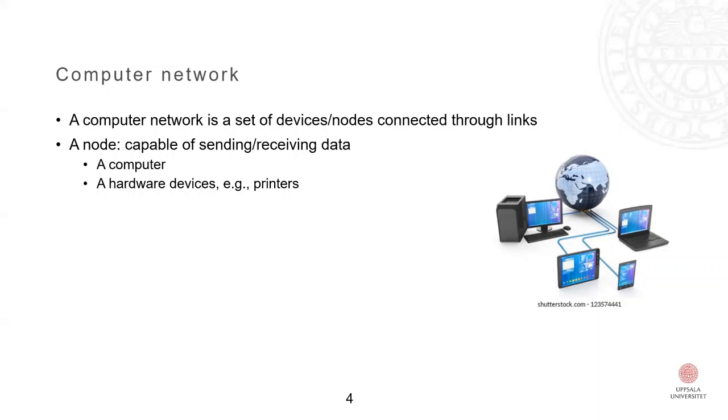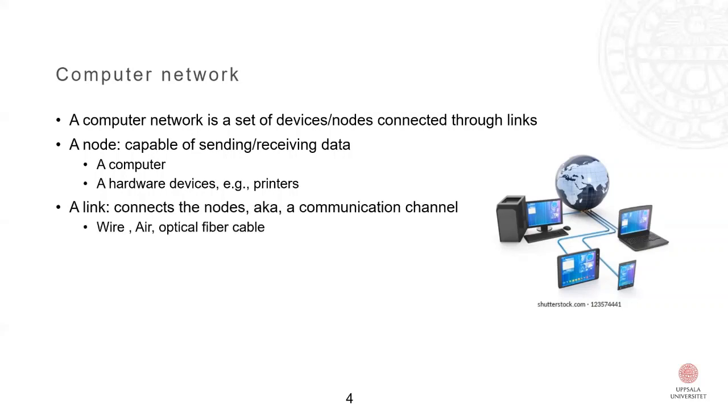It can be, for example, a computer, or a router that you have at your home that connects you to your internet provider company. It can also be hardware devices, for example printers, or mobile phones, anything that is in some way connected to the network and is capable of sending and receiving data.